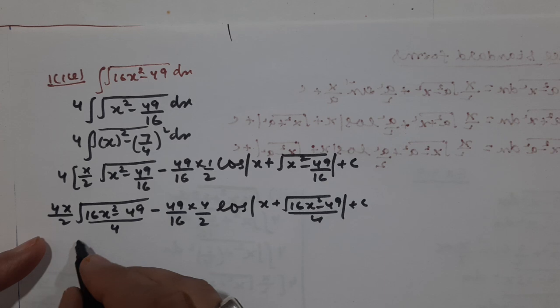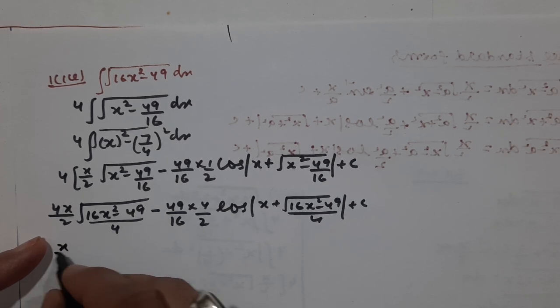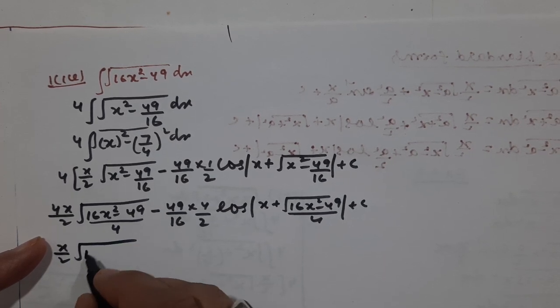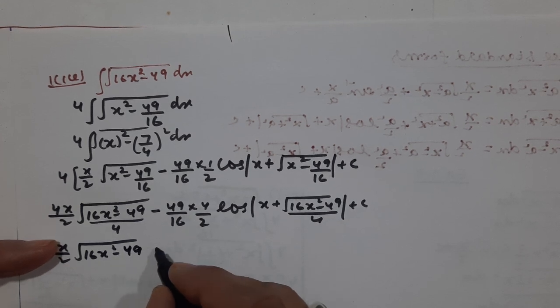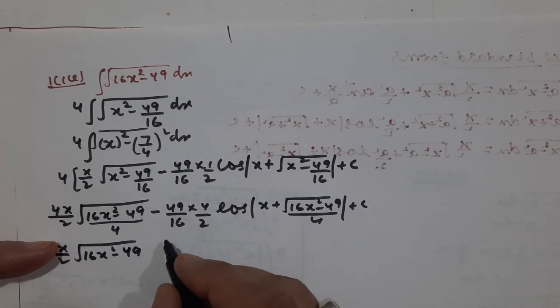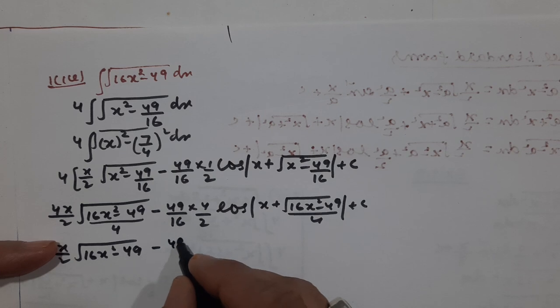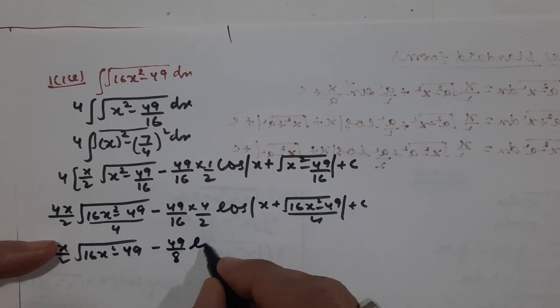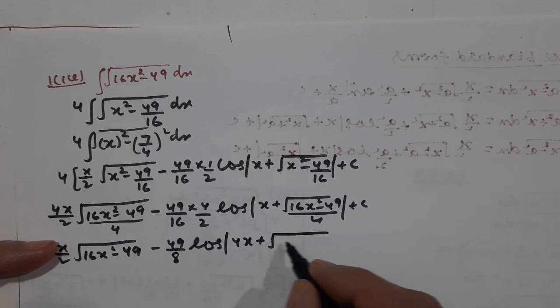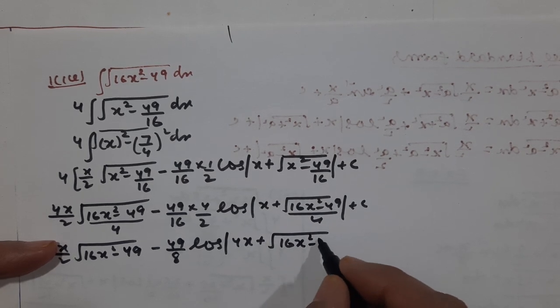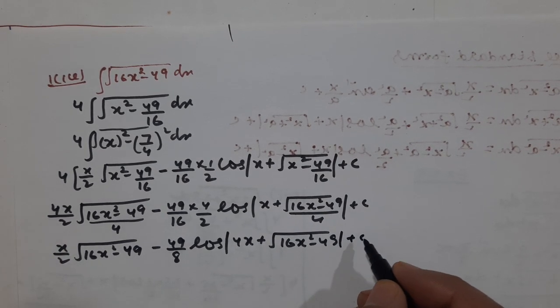So what we get over here? So we get x upon 2 under root 16x square minus 49, and over here we get minus of 49 by 8 log 4x plus under root 16x square minus 49 plus c.